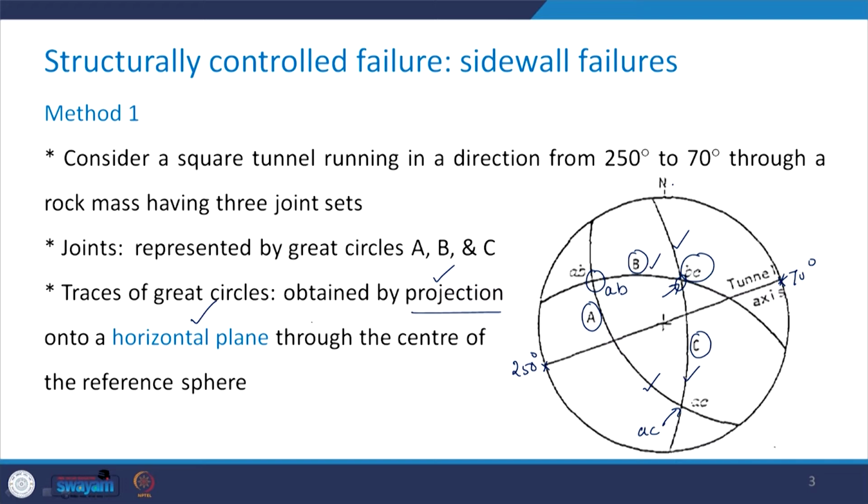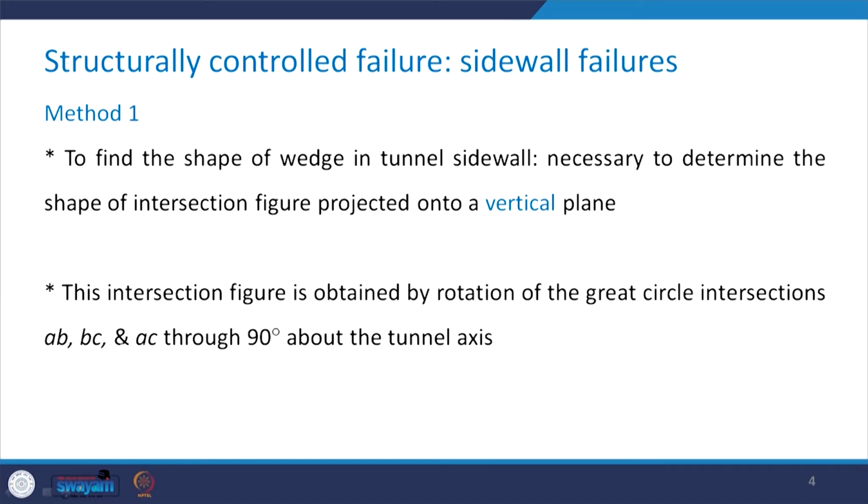Now, since these traces of the great circles are obtained by projection onto a horizontal plane through the center of the reference sphere, in order to find out the shape of the wedge in the tunnel side wall, it is necessary to determine the shape of the intersection figure which is projected onto a vertical plane. And how can this be obtained?